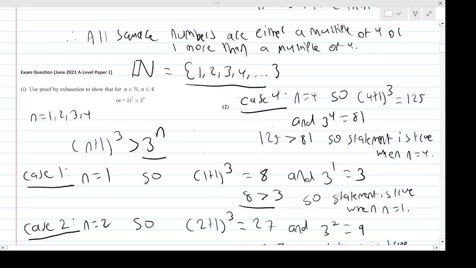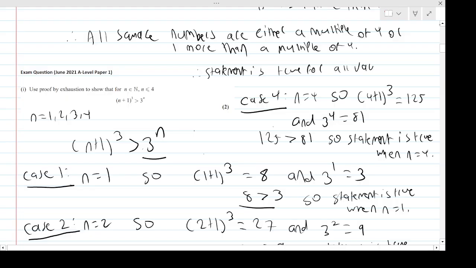Therefore, the statement is true for all values of n. Remember, the values of n are between 1, 2, 3 and 4. So there we are, the proof is done.